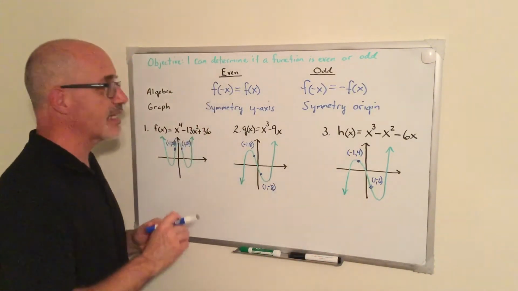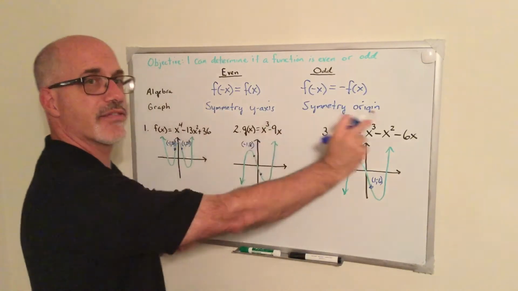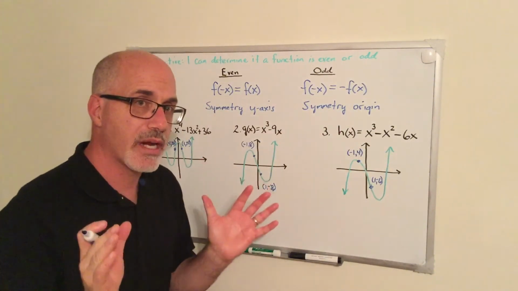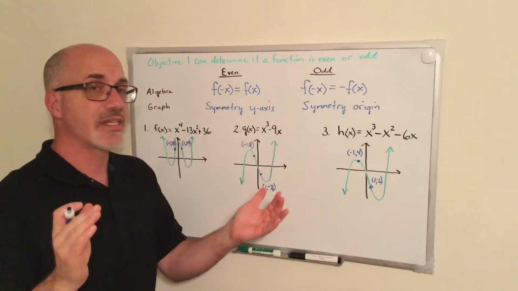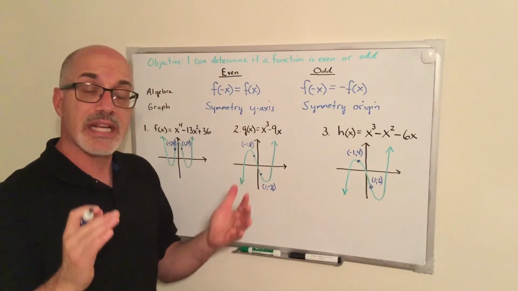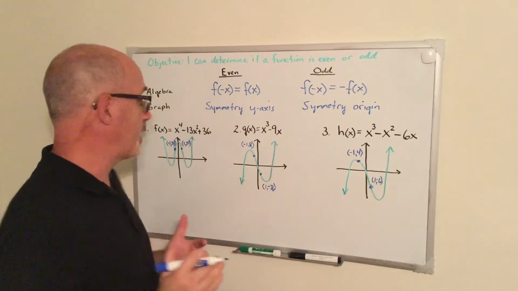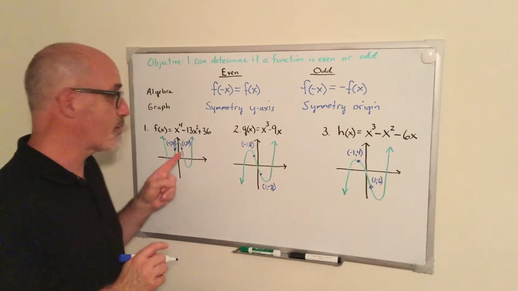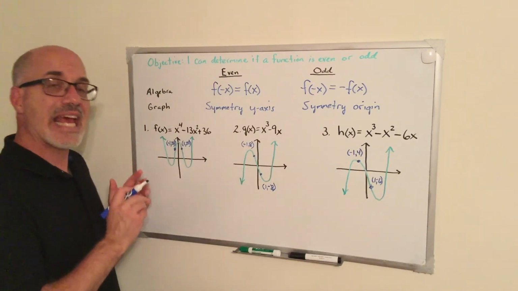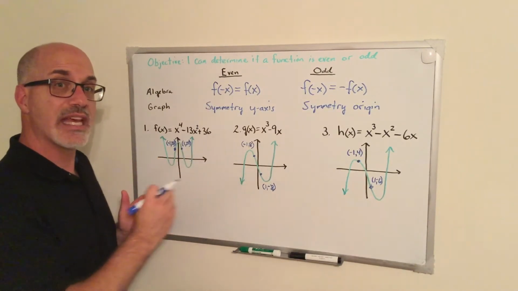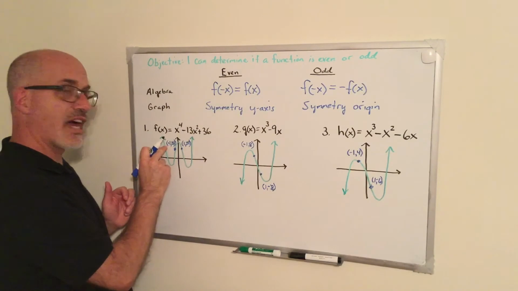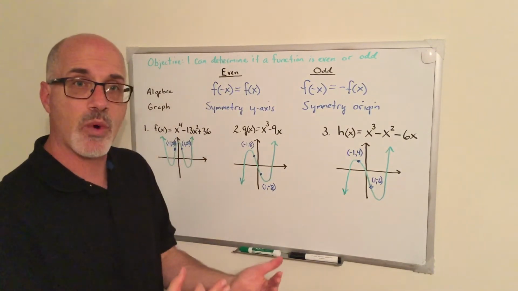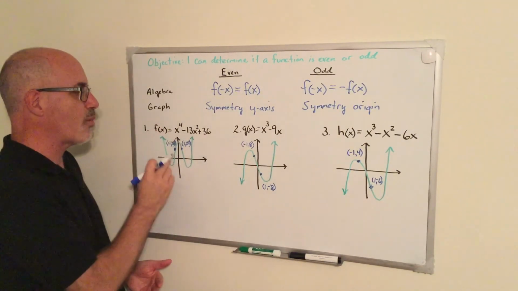So when we look at it, looking at the graph first, what I've done is I've picked an ordered pair. Now, one ordered pair compared to another one doesn't prove anything, but it gets that idea of symmetry here. When I look at this ordered pair, which is -1, 24 on this graph, the other x value that's not negative, the positive one, has to have the same y value to be symmetric over the y-axis.